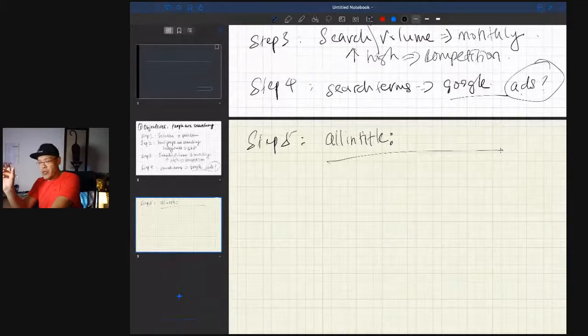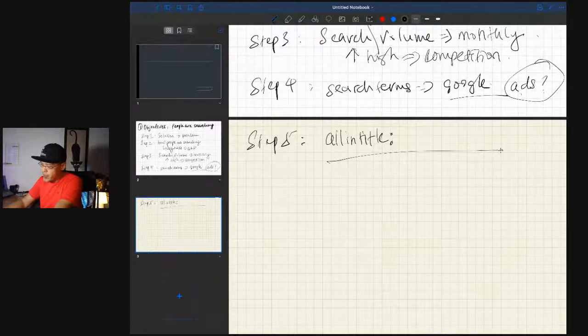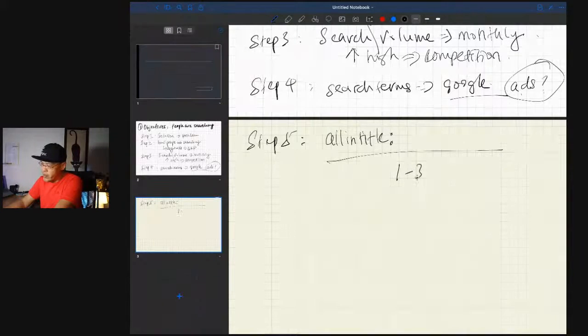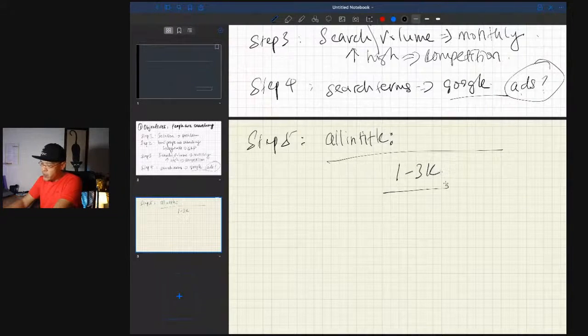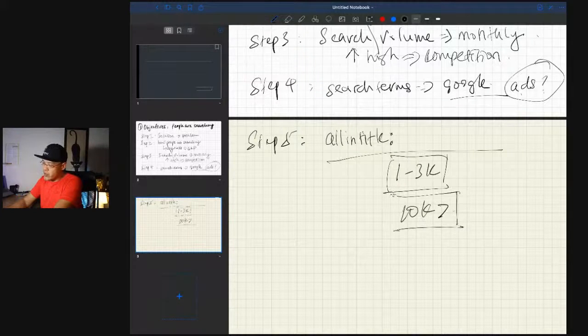That gives me a sense of how intense the competition is. As a rule of thumb, anywhere between 1 to 3,000 is probably something where it's possible for you to compete. But if it's 10,000 and above, I would seriously reconsider, especially if you're on a budget. Okay, so this is where we'll do the allintitle.